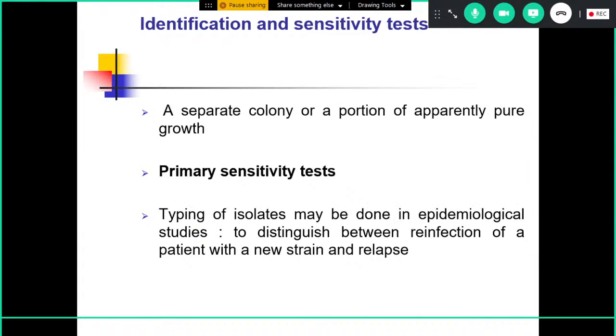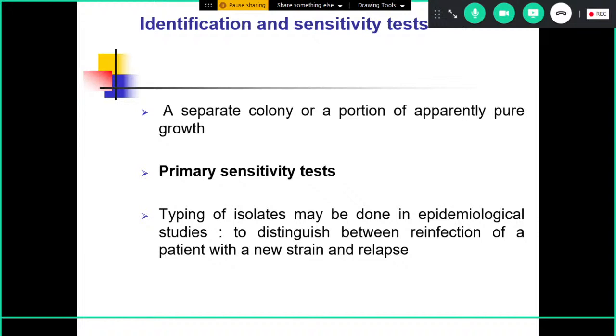antibiotic sensitivity testing. I also told you when I was telling you about microscopy of urine that there are certain conditions where you can do a primary sensitivity test, and urine is one such sample. Primary sensitivity tests are restricted only to those body fluids which are normally expected to be sterile, where you don't expect normal flora.